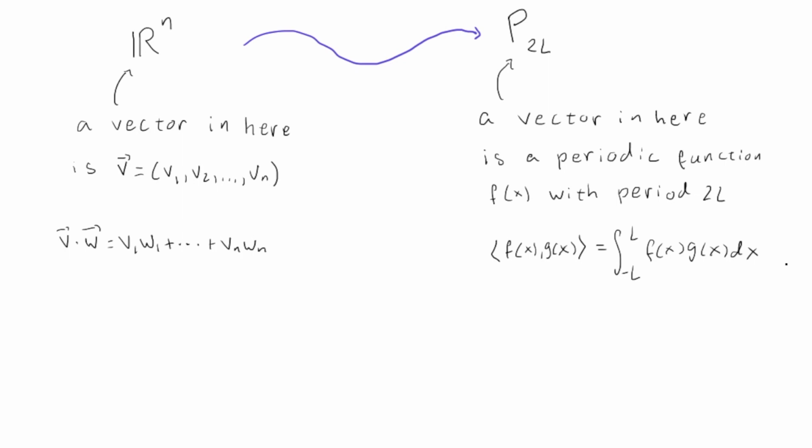So these two things should be kind of parallel in your mind, going back and forth between Rn and the set of periodic functions.